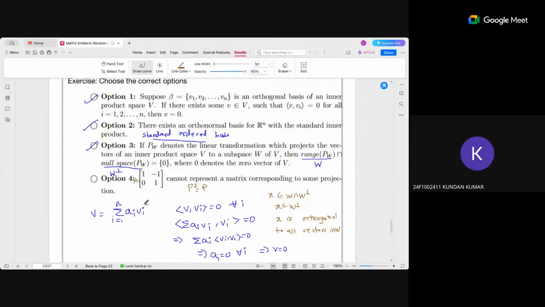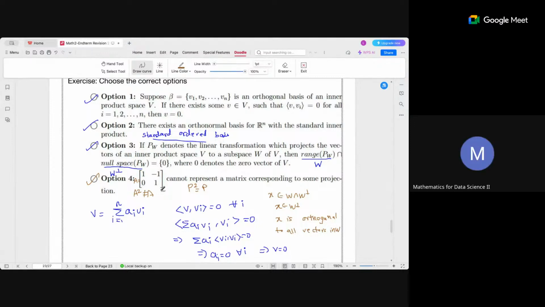No. A square is not equal to A, so this cannot represent a projection. All right? Ma'am, how can we assume it in terms of orthonormal? In this case, how can we assume orthonormal? Which one? The last option.